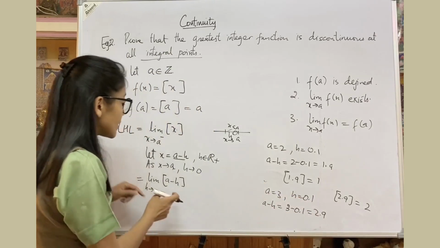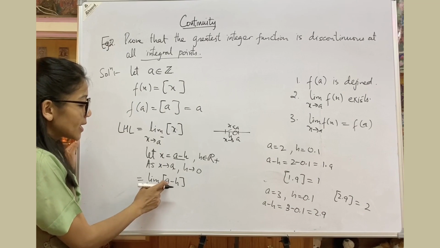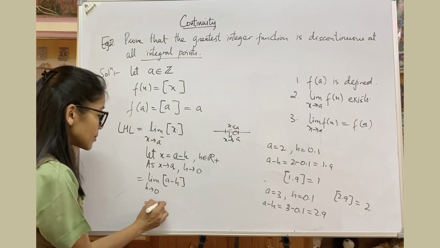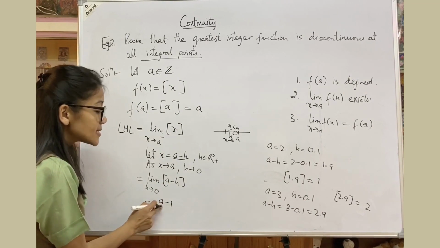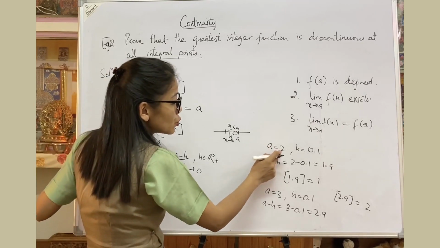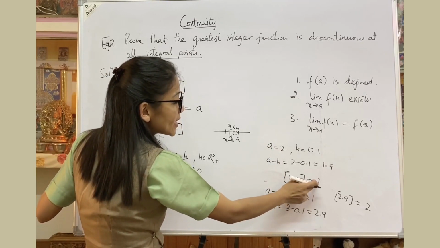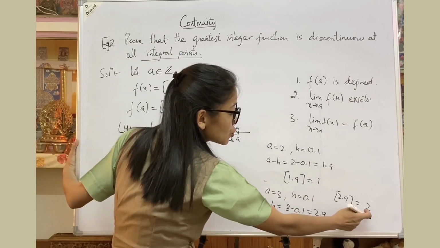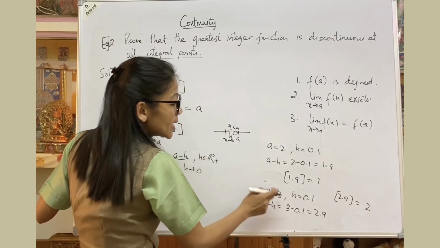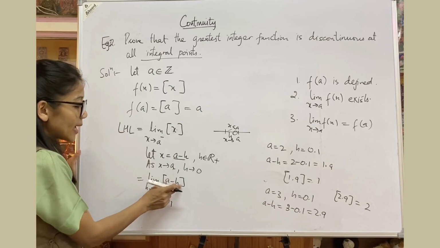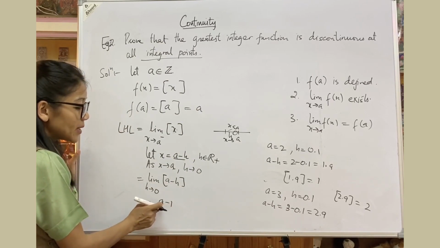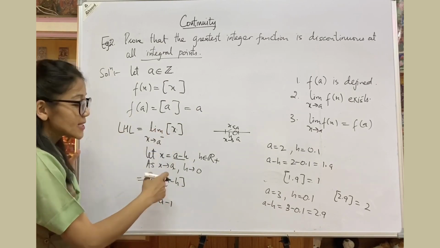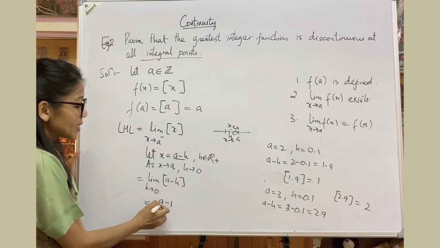When a is 2, you get image 1, which is 1 less than 2. When a is 3, you get image 2, which is 1 less than 3. So when it is a minus h, its image will be a minus 1. So the left hand limit is a minus 1.